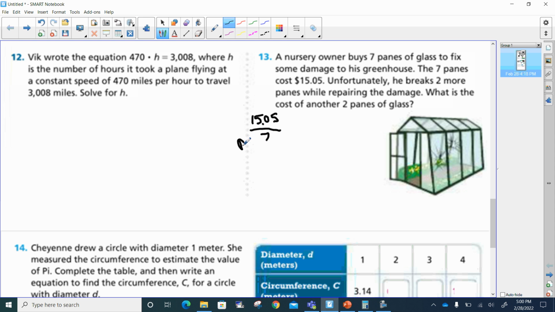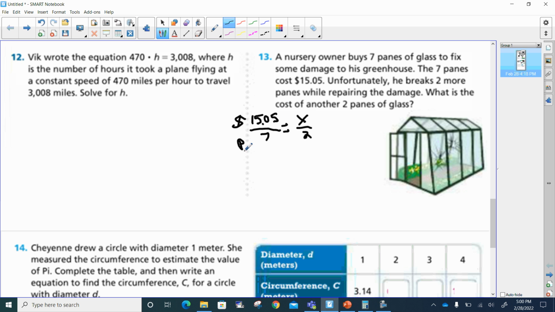So we're talking the panes down here, the money up here. If we want to know how much 1 pane was, then we would have to divide both of these by 7. I'm going to do it the easy way, and I realize I'm looking for 2 panes. So I'm going to put 2 down here. It has to equal x.